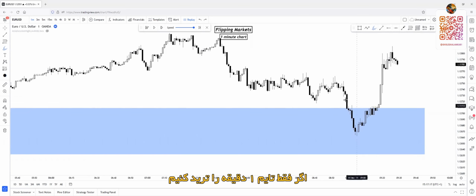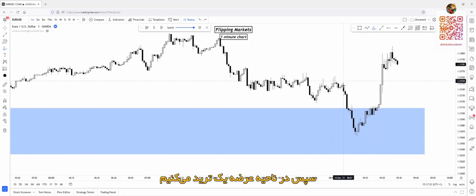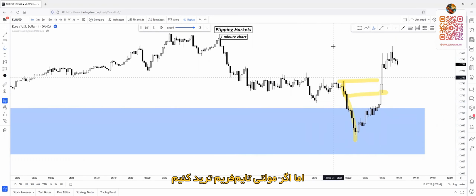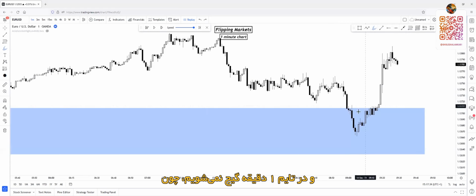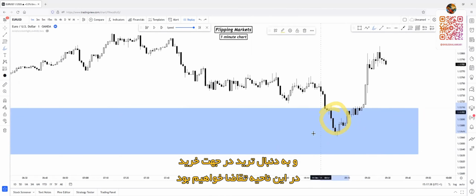If you're only trading the 1-minute chart, we will think that is a break of structure to the downside, and we will open a sell trade here because it created inefficient movement and a break of structure. But we trade multiple timeframes, so we will know that this was just a liquidity sweep on the 15-minute, and it won't confuse us on the 1-minute, because we know that the liquidity has been swept, and we will look for long entries inside of this demand zone.